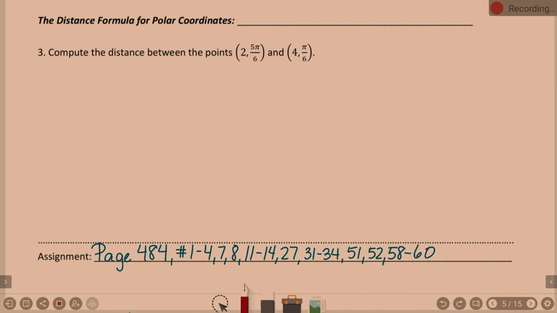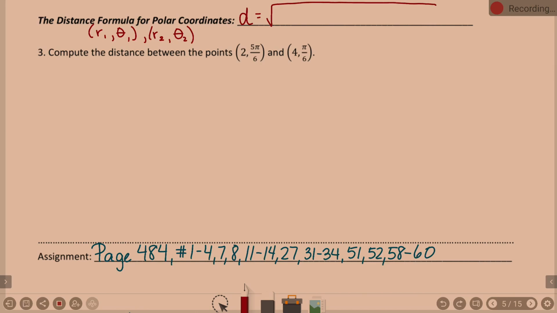So the distance formula for polar coordinates. Now, this is based on having two polar coordinates. So the idea of an r1, theta 1 and then not r squared, r2, theta 2. Okay. So d equals, guess what? It's the square root.